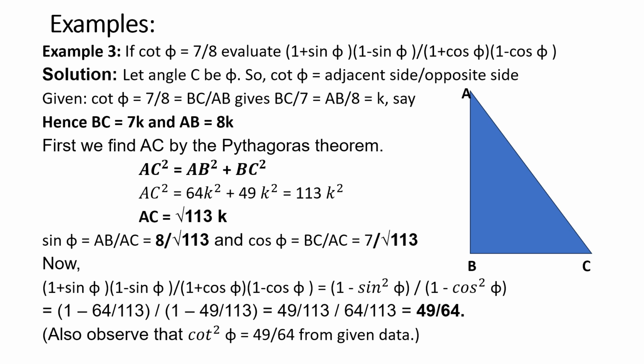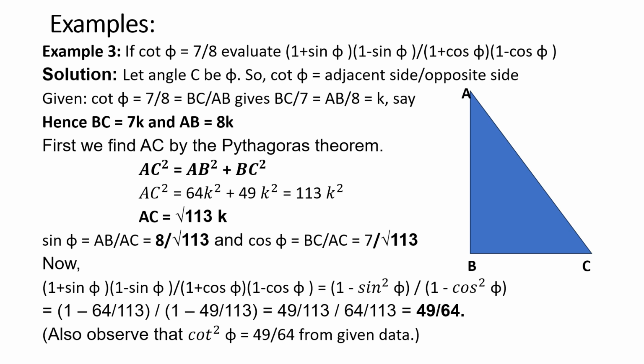Now bring it to the other side, so you get BC upon 7 is equal to AB upon 8. Again let us assume this is equal to some quantity K. So BC upon 7 is equal to K gives BC is equal to 7K, and AB upon 8 is equal to K gives AB is equal to 8K.